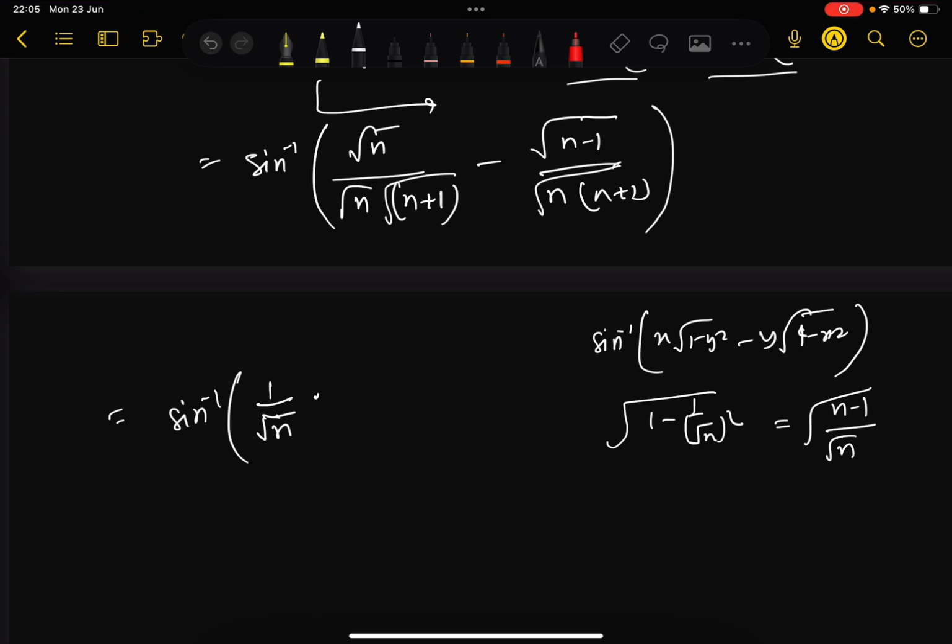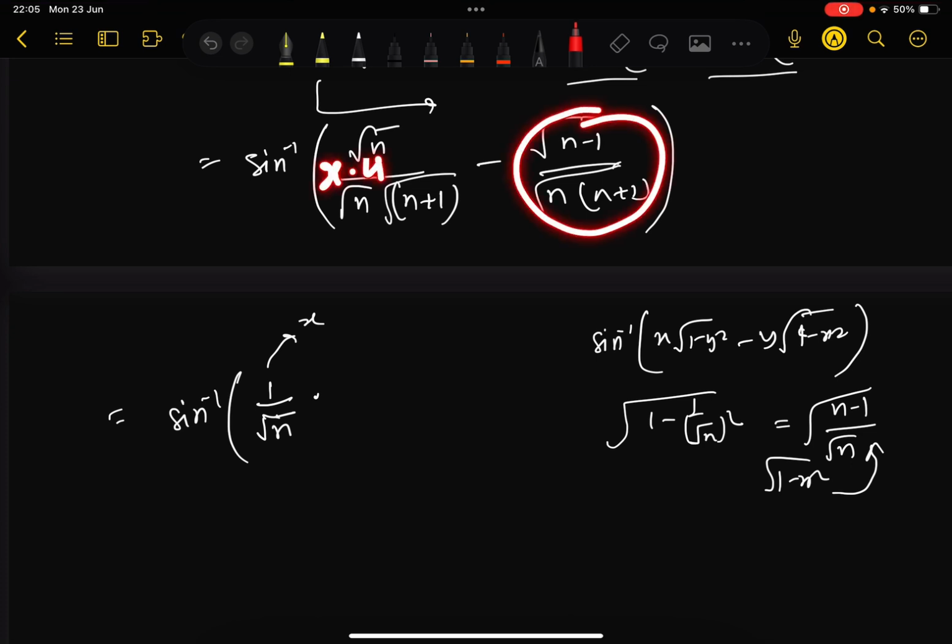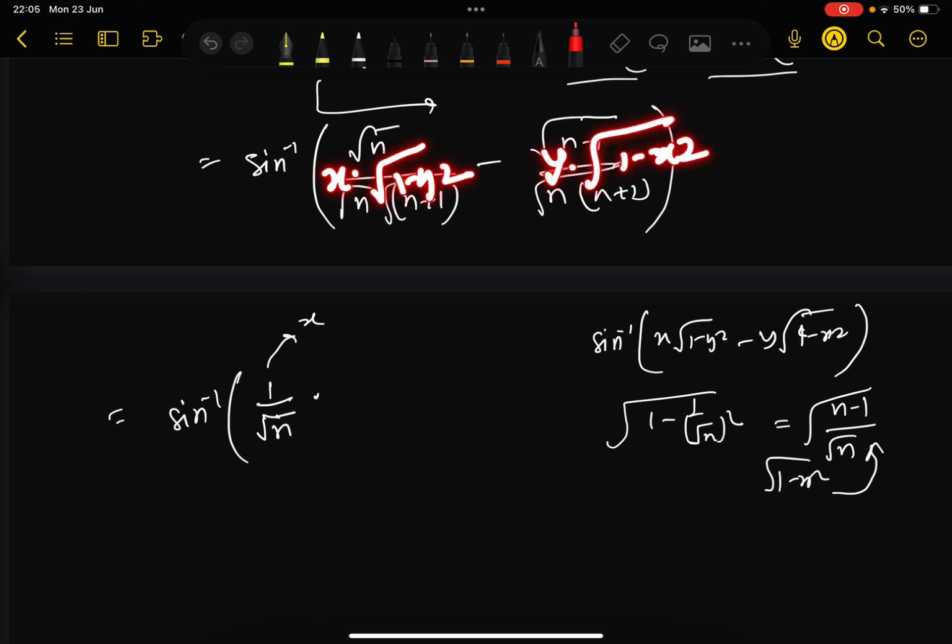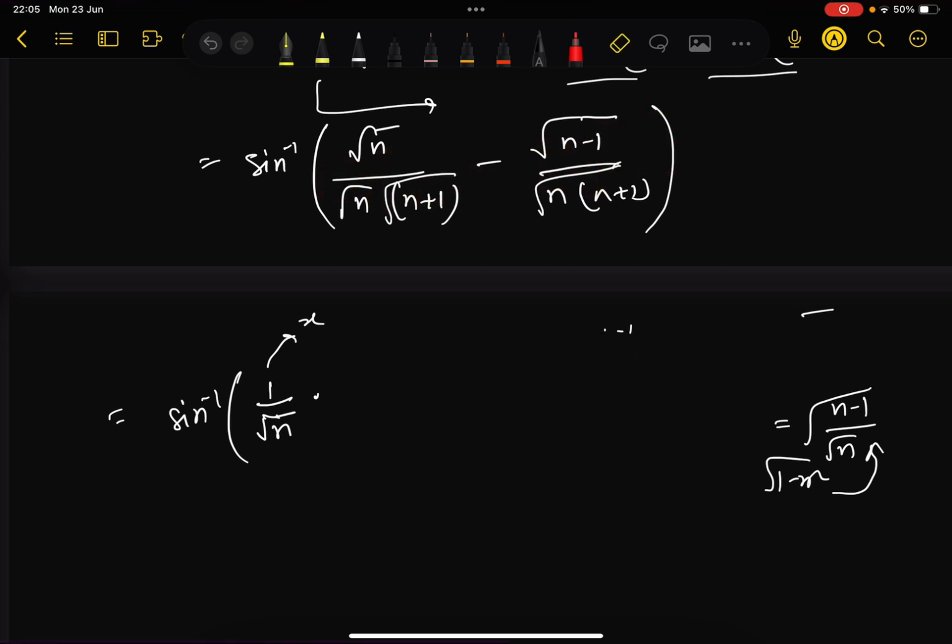So if this is x, then root of 1 minus x square is this one, and that will be present here, because here you will get x times root of 1 minus y square. Here we have to find y times root of 1 minus x square, right? We already got x, now we have to identify which term is y, not x.